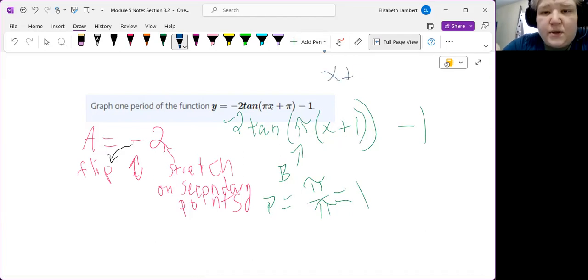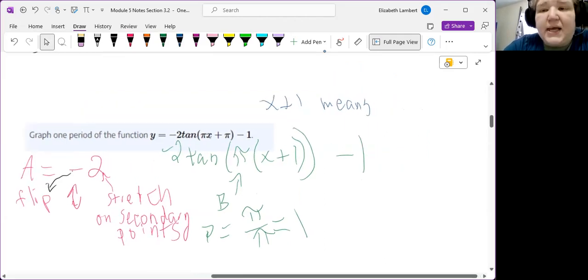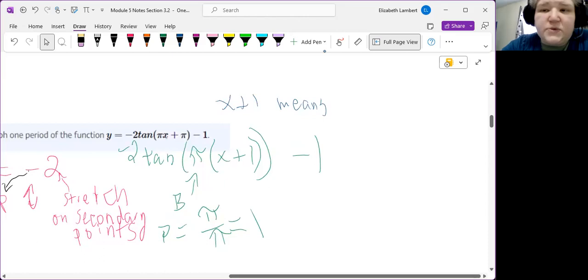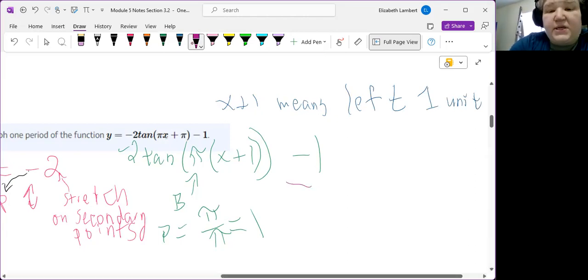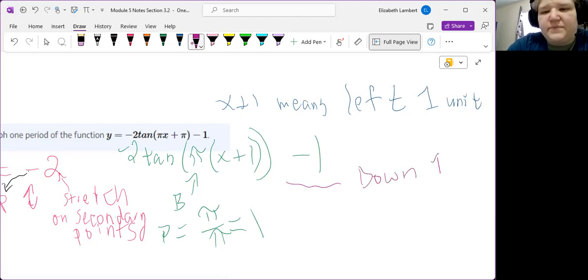So x plus 1 looks like positive. We'd think that'd be right, so it's really going to go left because the inside stuff lies. Left 1 unit. And then our -1 here, the K. This is going to shift the whole graph down 1 unit.